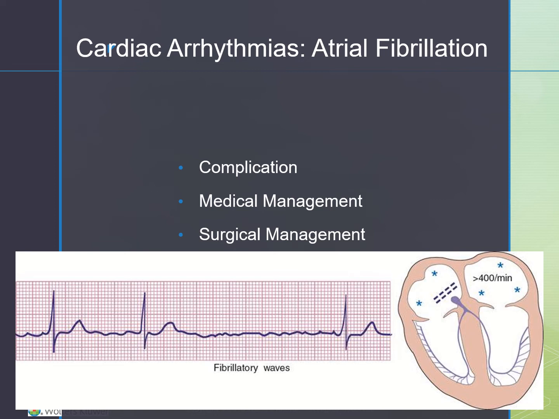It's called ablation. Atrial fibrillation that has a rapid ventricular response, we call this AFib with RVR, can have a dangerously high heart rate that requires us to slow that heart rate as quickly as possible.